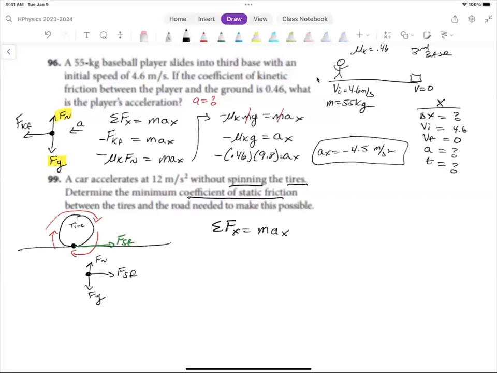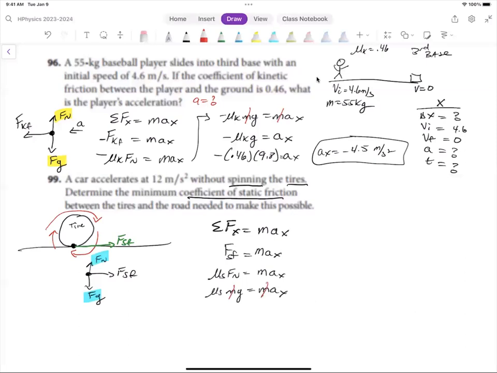The only force now is force of static friction, and that is equal to mass times acceleration. Mu sub s times force normal is equal to mass times acceleration. Force normal happens to be equal to force of gravity this time as well. Mu sub s mg equals ma sub x. What do we know happens?